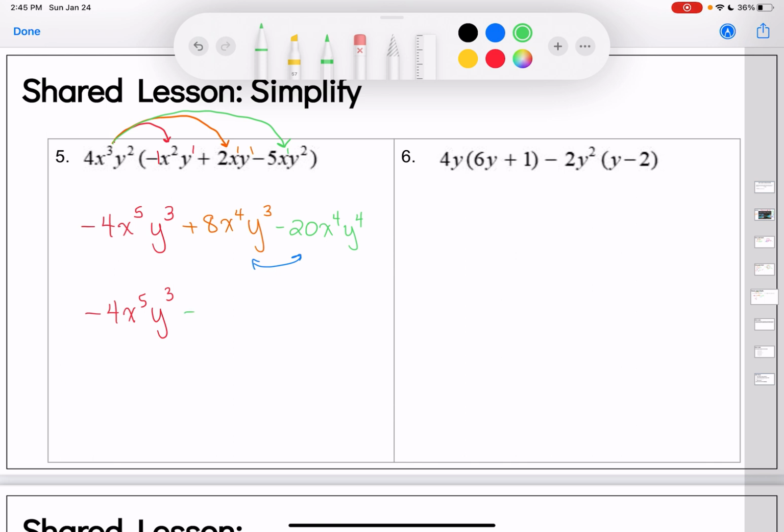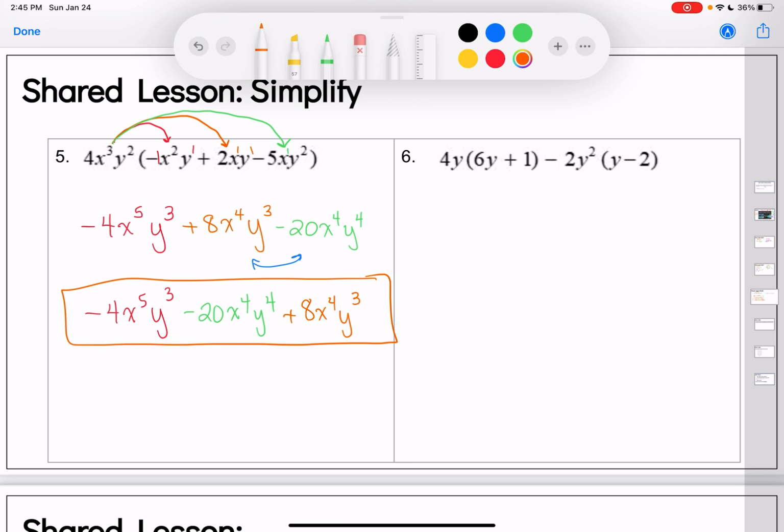Then I need my negative 20x to the 4th, y to the 4th. And to be in standard form, my last one has to be 8x to the 4th, y to the 3rd. And you could technically switch the order of those first two terms. Whichever one you want to come first, if they have the same degree, is perfectly fine. All right, so just remember your exponent properties.